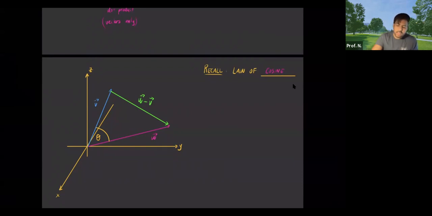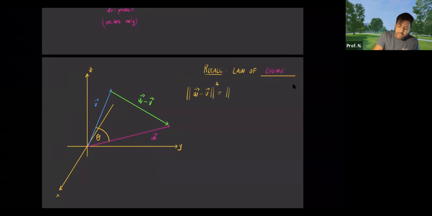So the law of cosine states the following: the side opposite the angle that you're given, when you square this, that's going to be equal to the one side squared plus the other side squared minus the product of these lengths multiplied by the cosine of the angle. Well, that is the law of cosines.